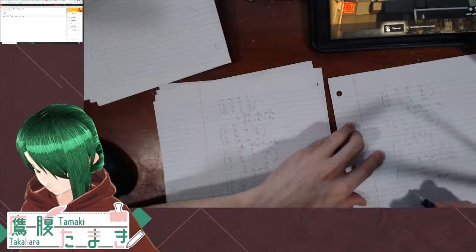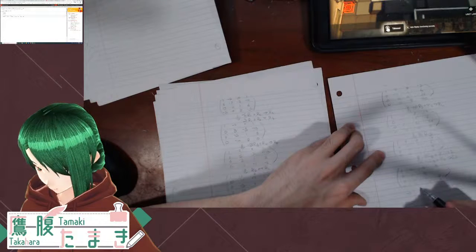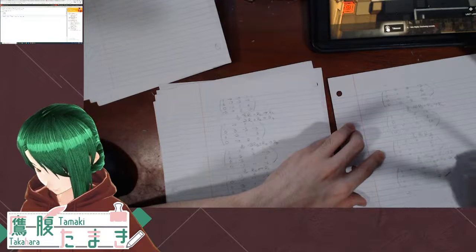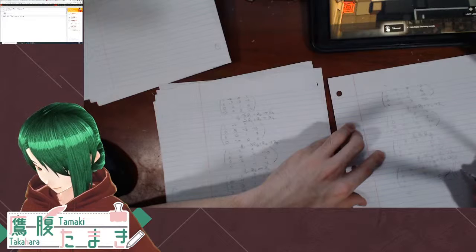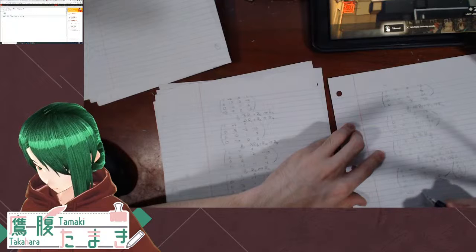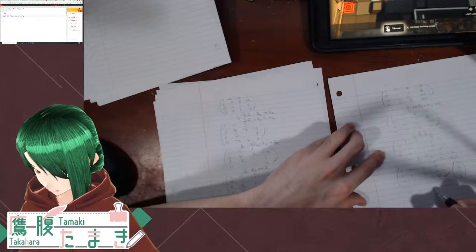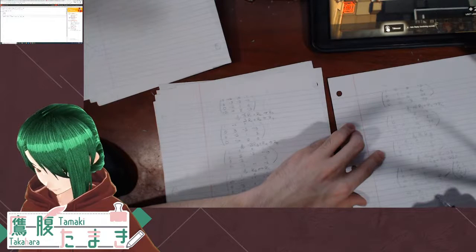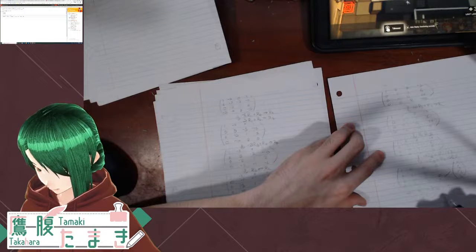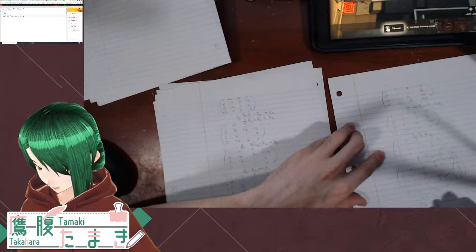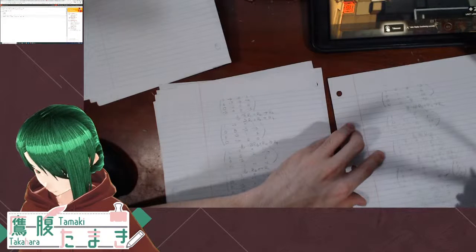So that implies that multiplying this by x1, x2, x3, x4 equals 0, that x1 plus 3x4 equals 0, x2 plus x4 equals 0, and x3 plus 5x4 equals 0.